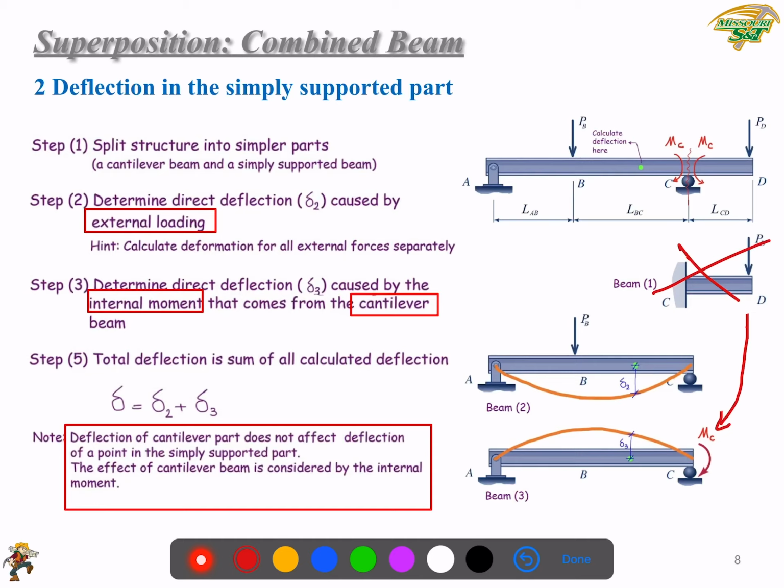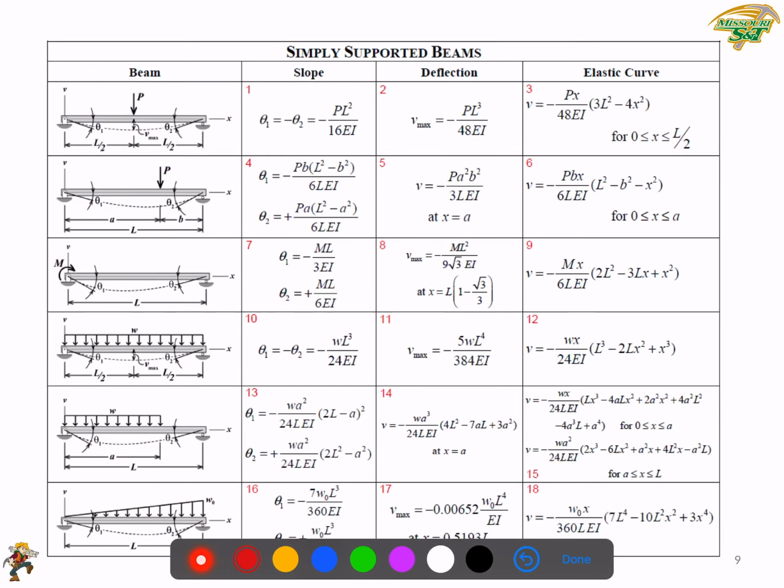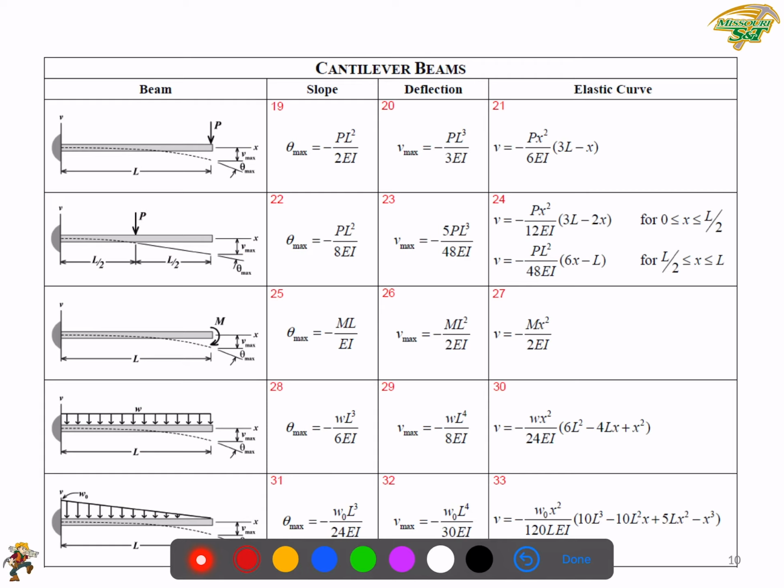So you will get the overall deflection at a random point, or at the mid span, or at the point where PB is loaded, depending on your purpose. These are the two tables, the same as in the previous section. We will solve several examples together to illustrate how to use these two tables and the algorithms we just talked about to solve the deflection in combined beams.